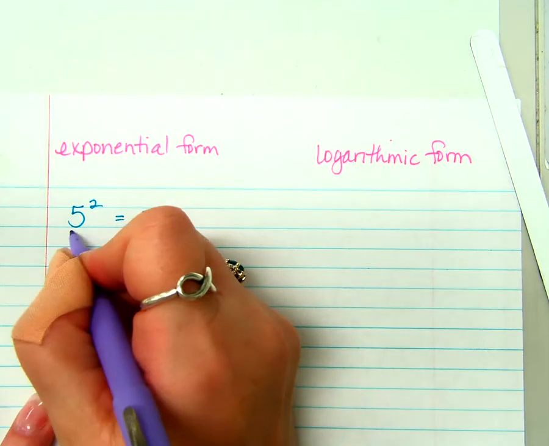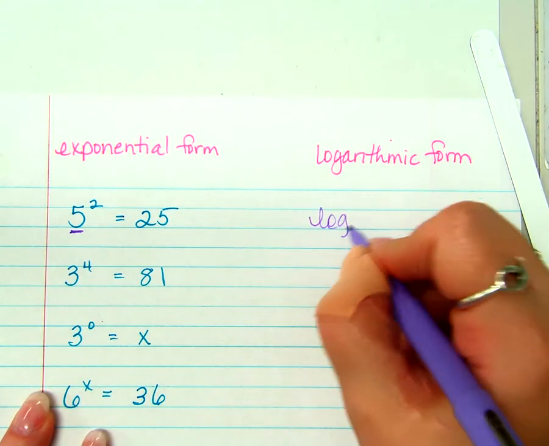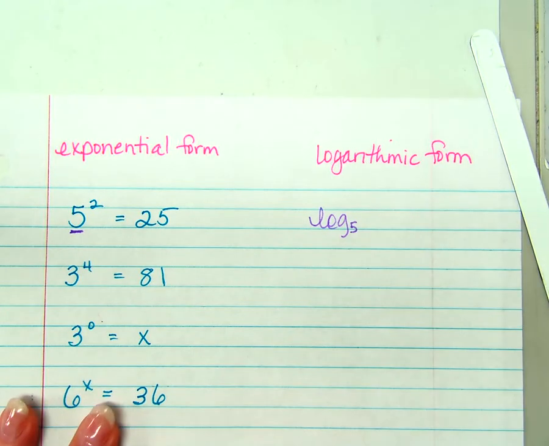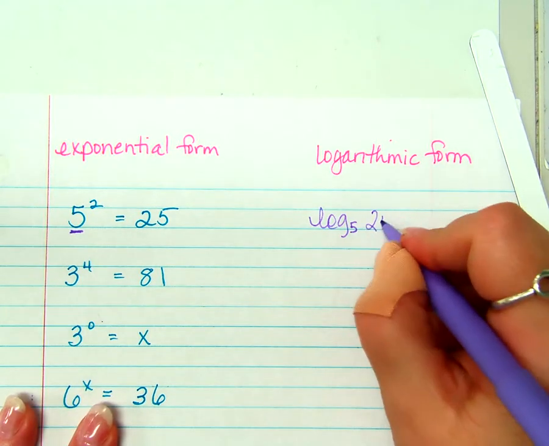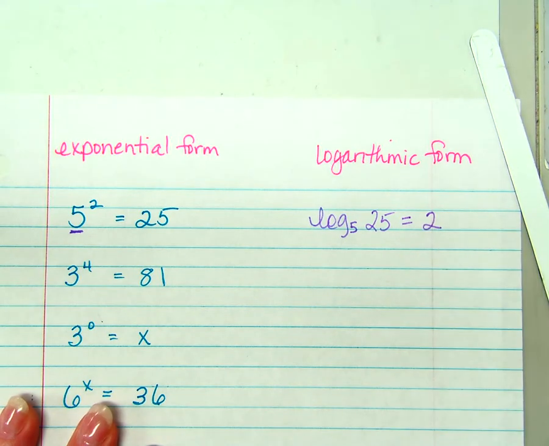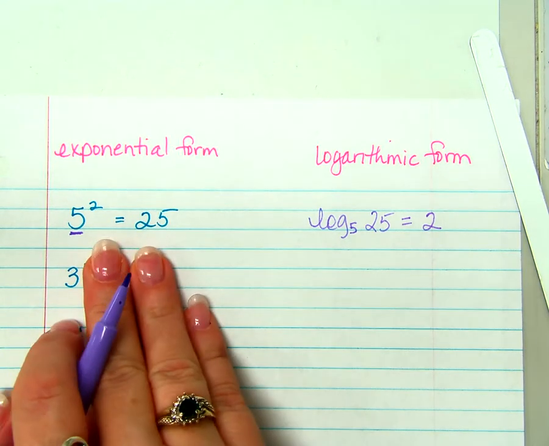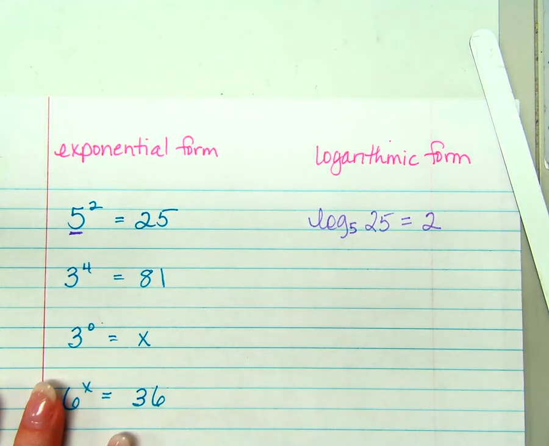What's this called again? A base. So I'm going to write log base 5 of what? Of 25 equals 2. And guess what? That's it. You just have to be able to go from exponential form to logarithmic form today.